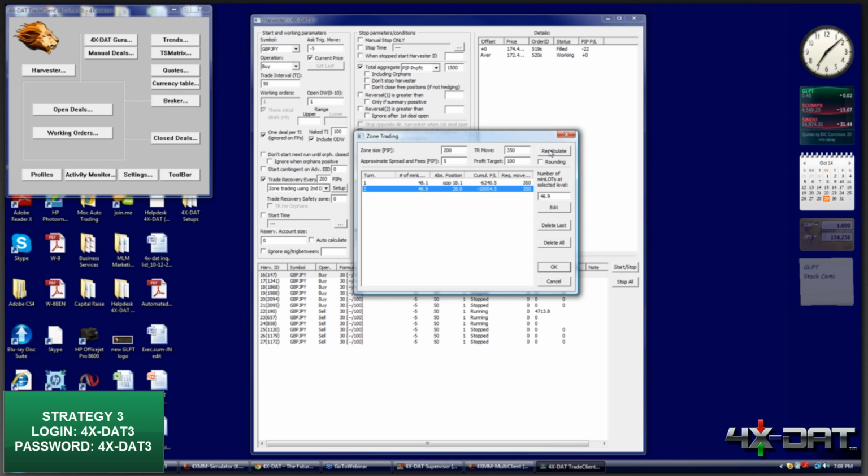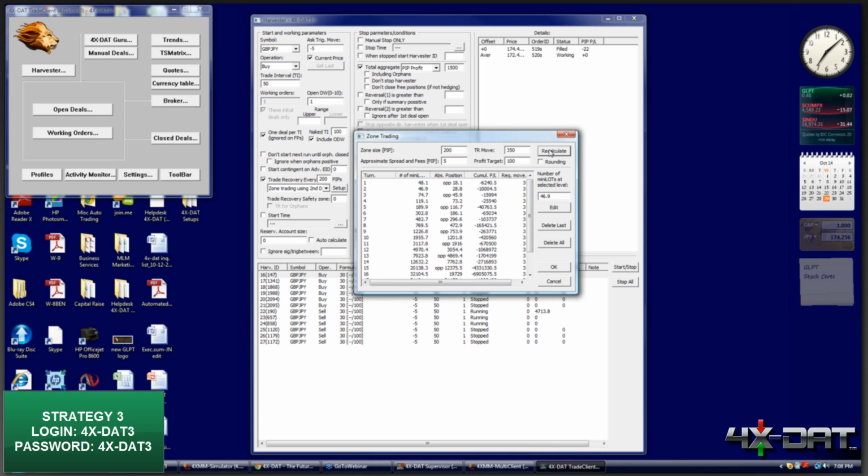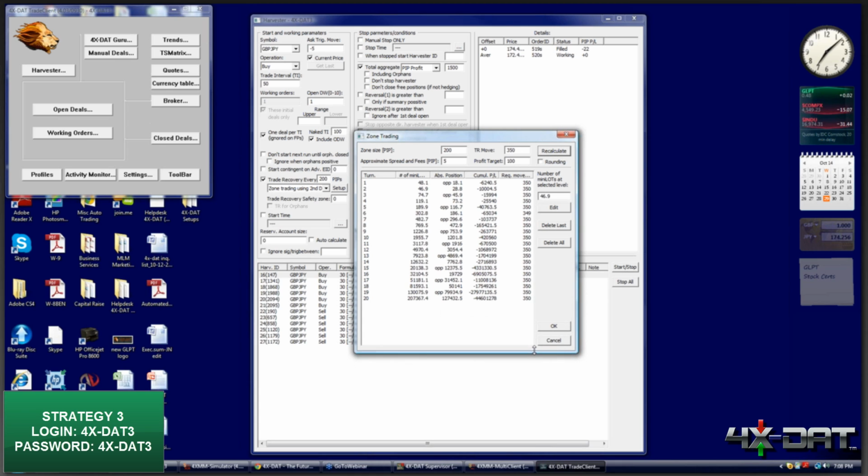If I were to do a martingale, I'll just click on this calculate thing, and then a 20-leg martingale would put me in a very large trade. The chances are I wouldn't have a large enough account to be able to handle this. So we don't really do that.